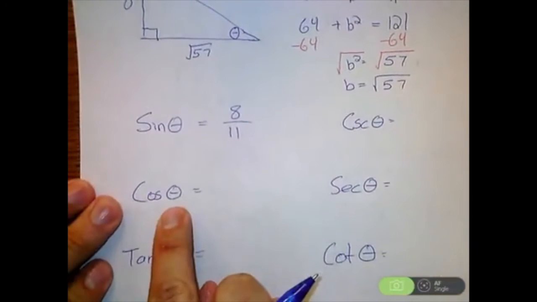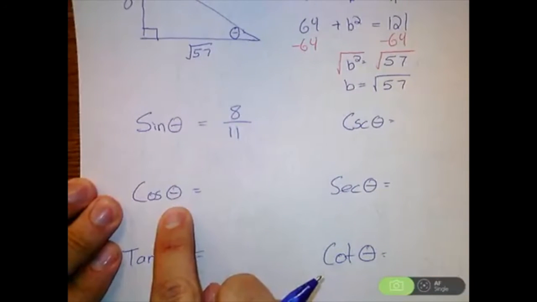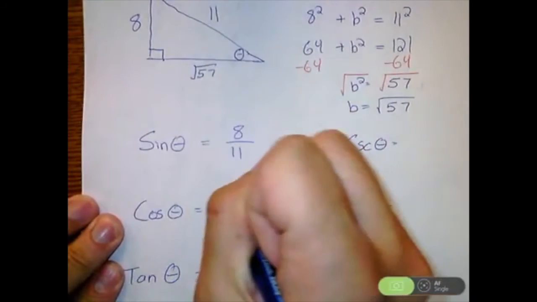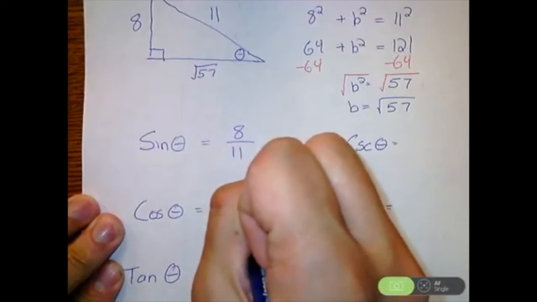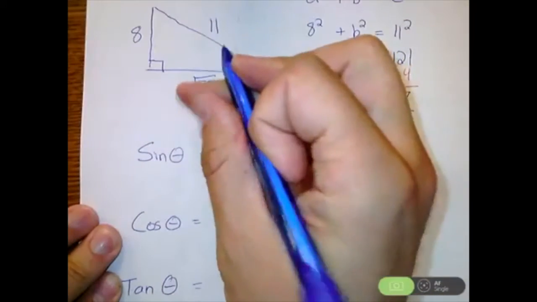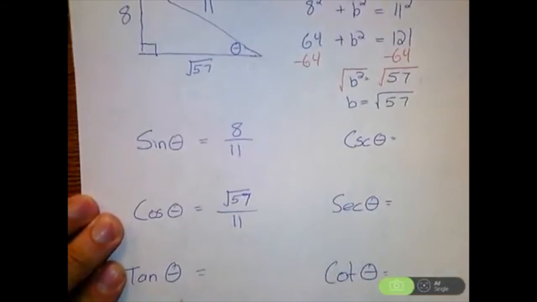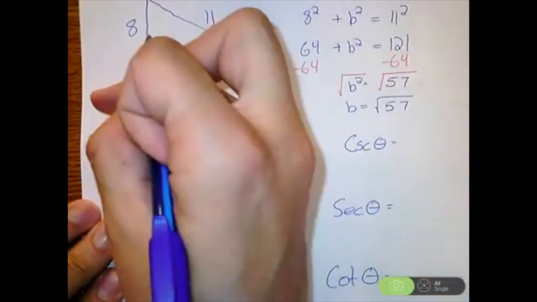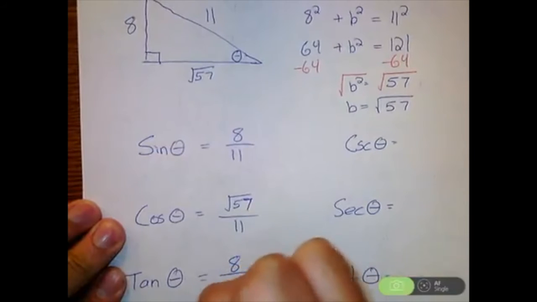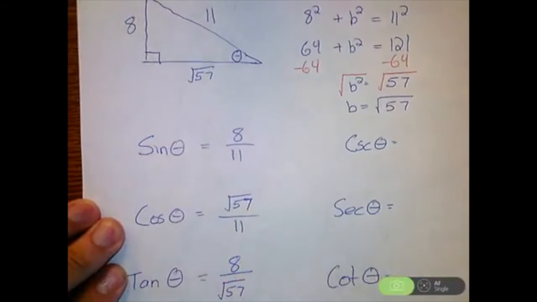So cosine, again, that's going to be adjacent over our hypotenuse. So I'm going to have square root of 57 divided by 11. Tangent, I'm going to have opposite divided by adjacent. So I'm going to have 8 divided by the square root of 57.